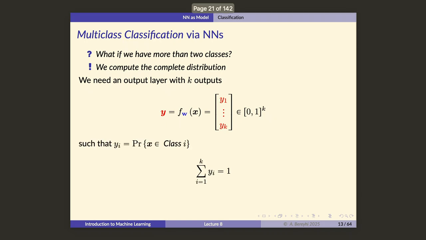So they need to add up to 1 as well, because they are probabilities. Like you cannot have the probability of cat being 1 and dog being 1 as well, right? So if the probability of cat is 1, the probability of everybody else should be 0, right? This is the probability distribution, right? So now we need to just make such a thing. So how can we do this?